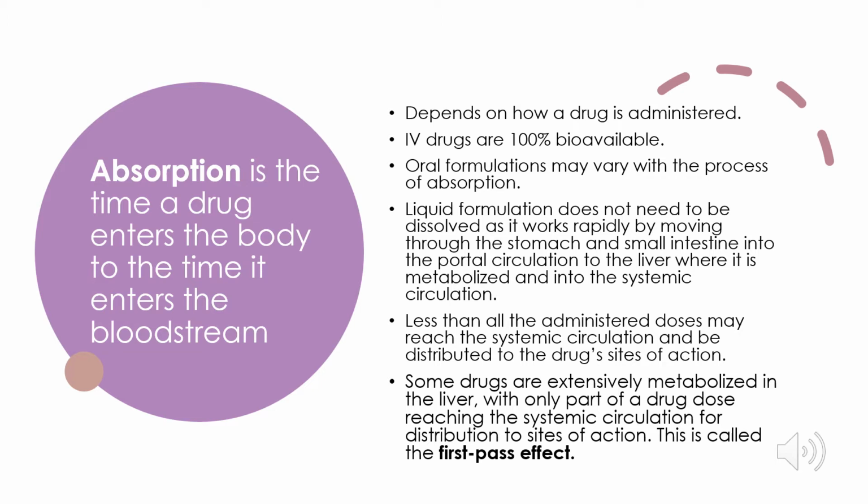But this is the first pass effect. When drugs are given orally, they are absorbed from the GI tract and carried to the liver through the portal circulation. Some drugs are extensively metabolized in the liver, with only part of a drug dose reaching the systemic circulation for distribution to the sites of action. This is called the first pass effect.